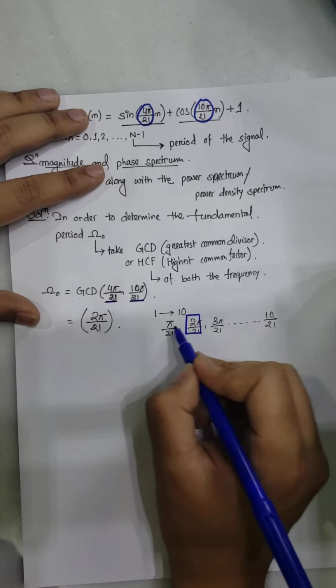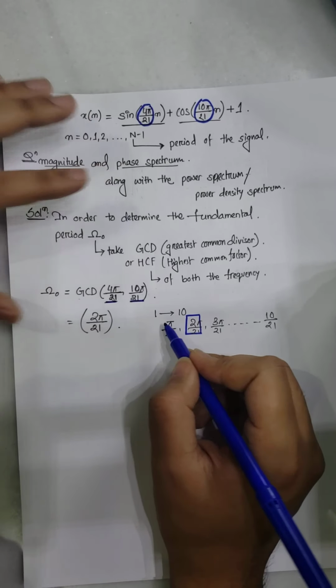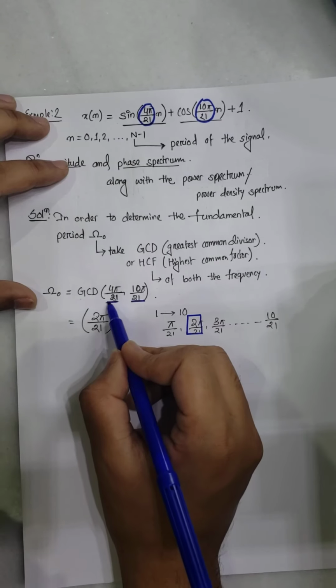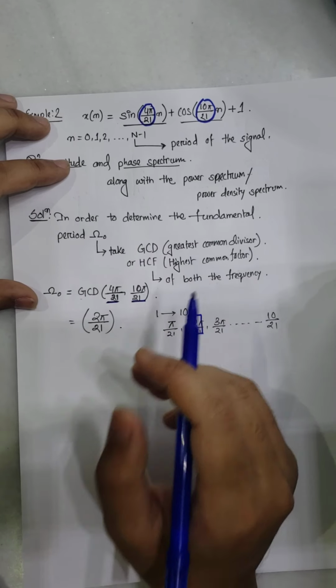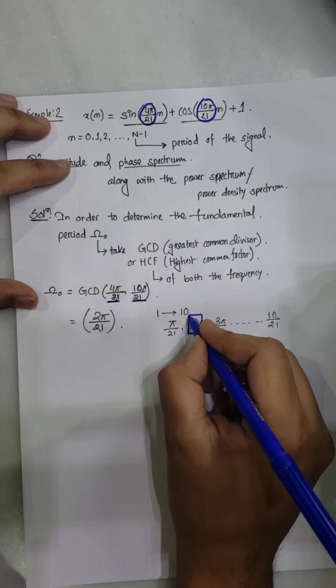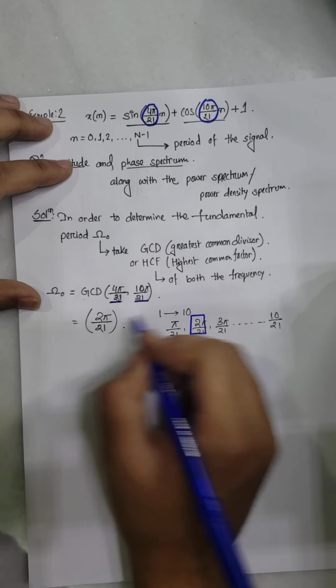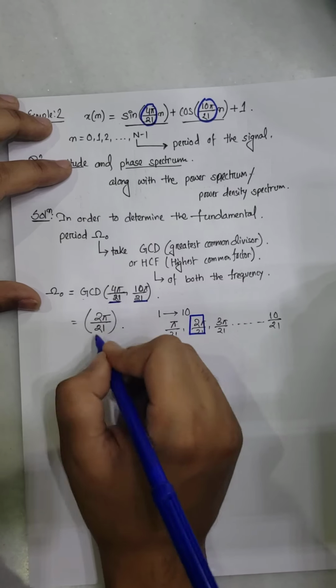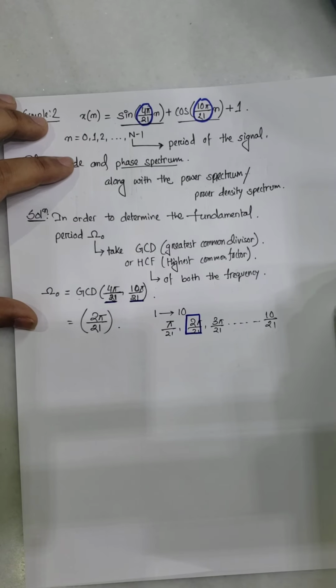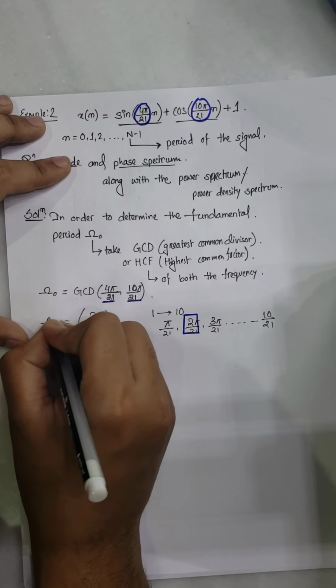But if we divide both the terms with pi over 21, we can also get the remainder to be 0. But in case of GCD, we must take the highest factor by which if these two numbers are divided, the remainder becomes 0, in our case twice pi over 21.